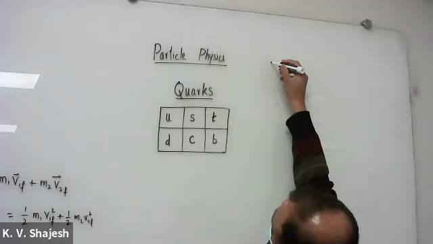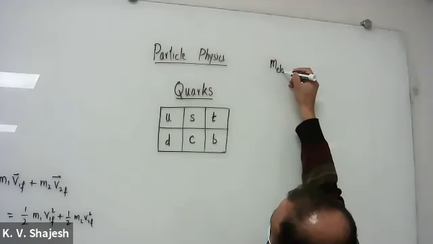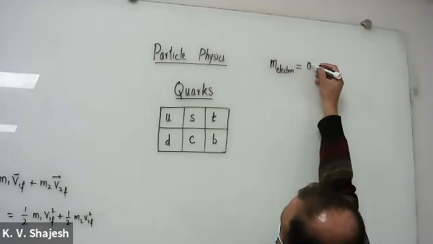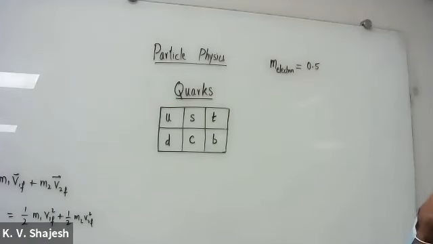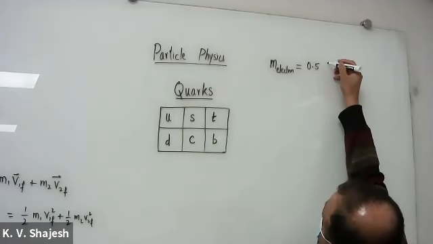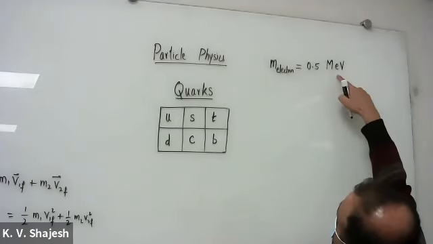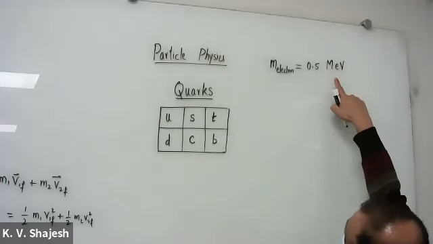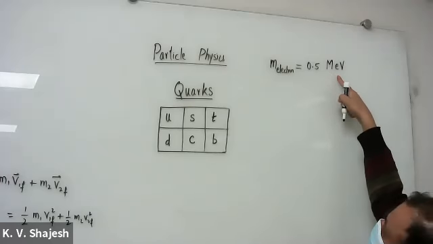Mass of an electron is equal to 0.5 MeV. This is a unit of mass in terms of energy. The electron volt is a unit, so that's how you do this: M is of course 10 raised to 6, and e is 10 raised to minus 19.